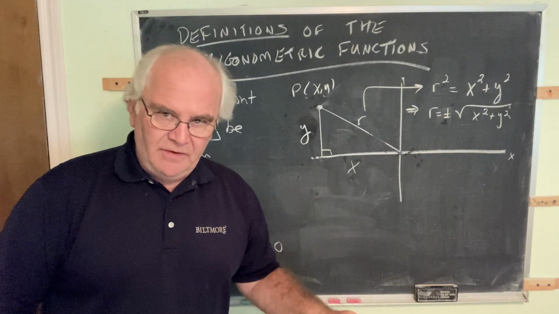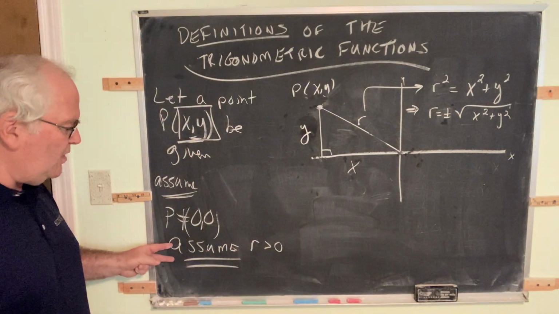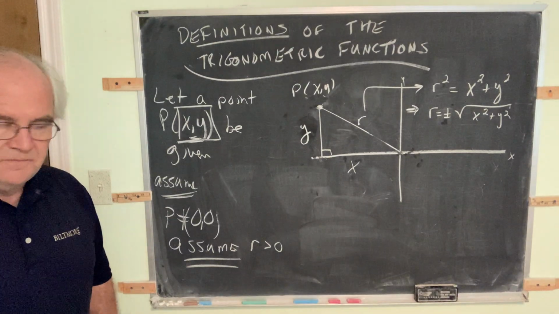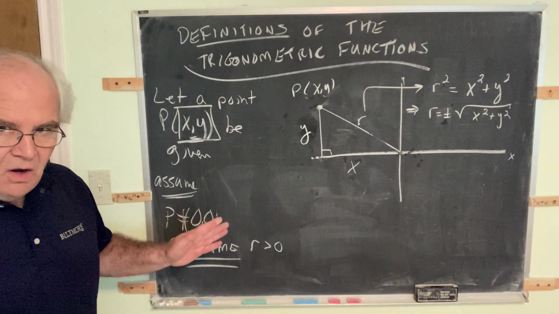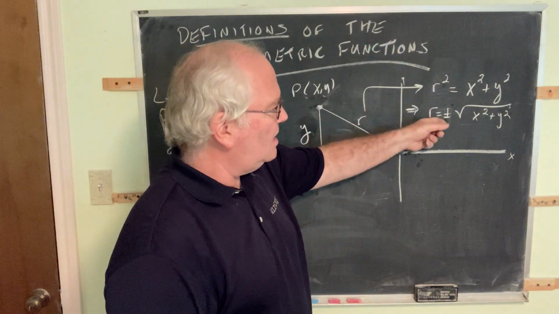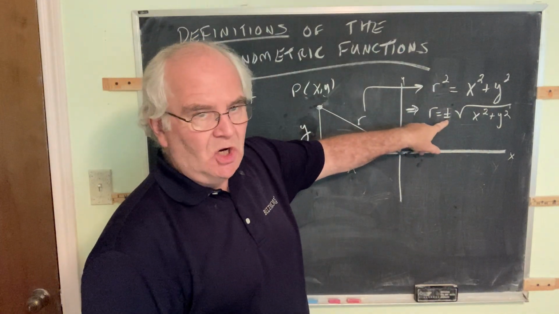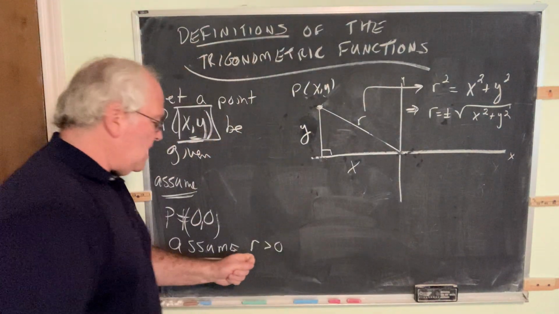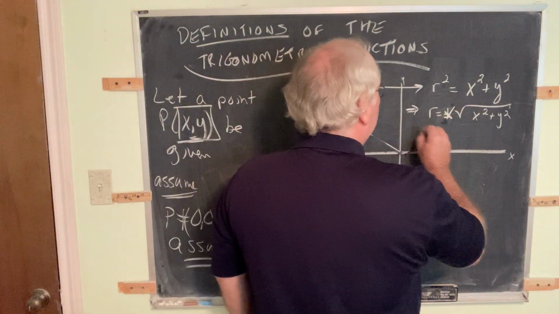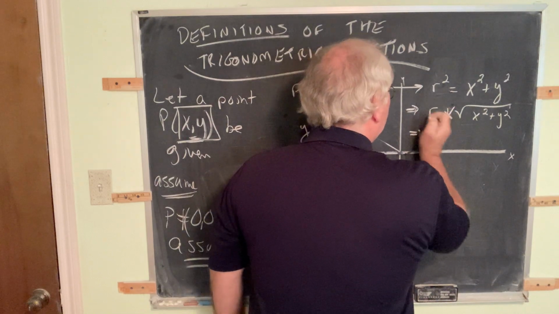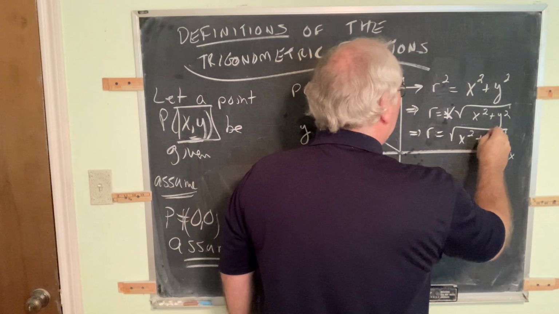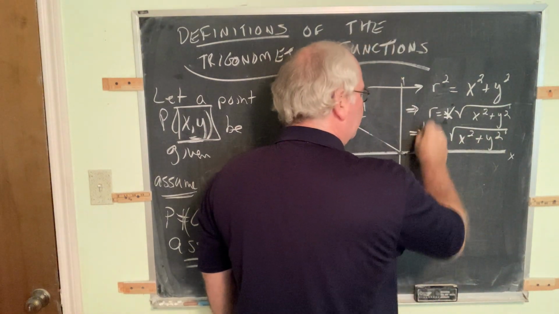It is always greater than 0 because that is an assumption we've made. So from that, when we do this computation, yes, potentially it could have been plus or minus, but because of this extra assumption, r is equal to the positive square root of x squared plus y squared.